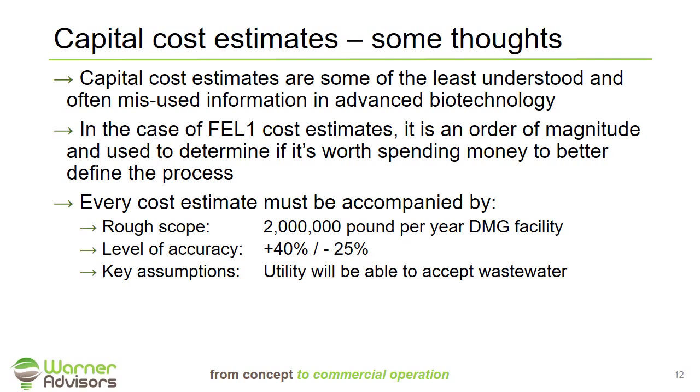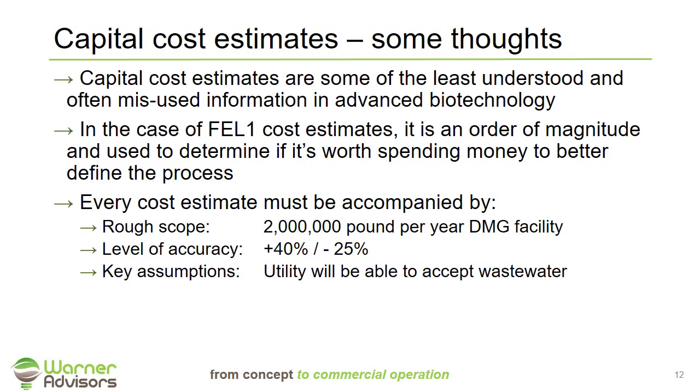It always has to be accompanied by a rough scope. That cost represents this size of facility, a 2 million pound per year DMG facility. It should also have a level of accuracy, in this case, say plus 40% and minus 25%. And it also has to have some key assumptions.